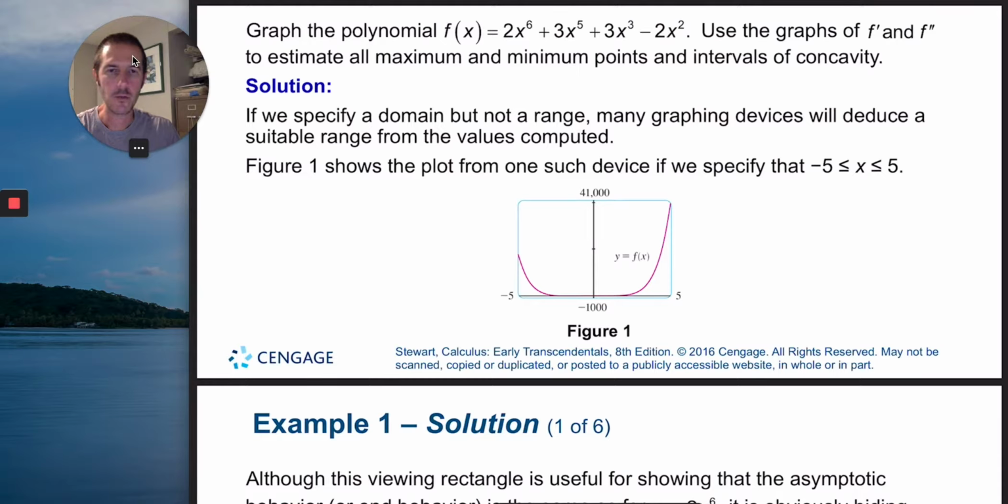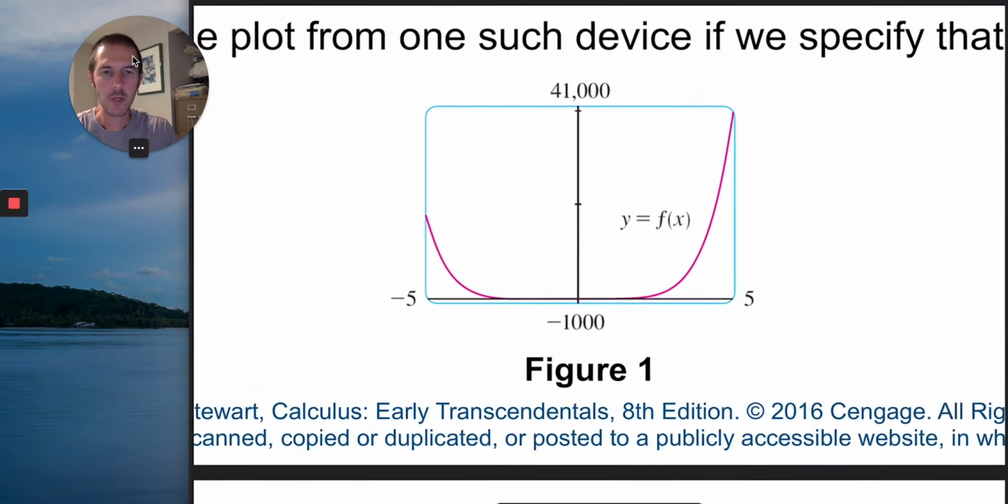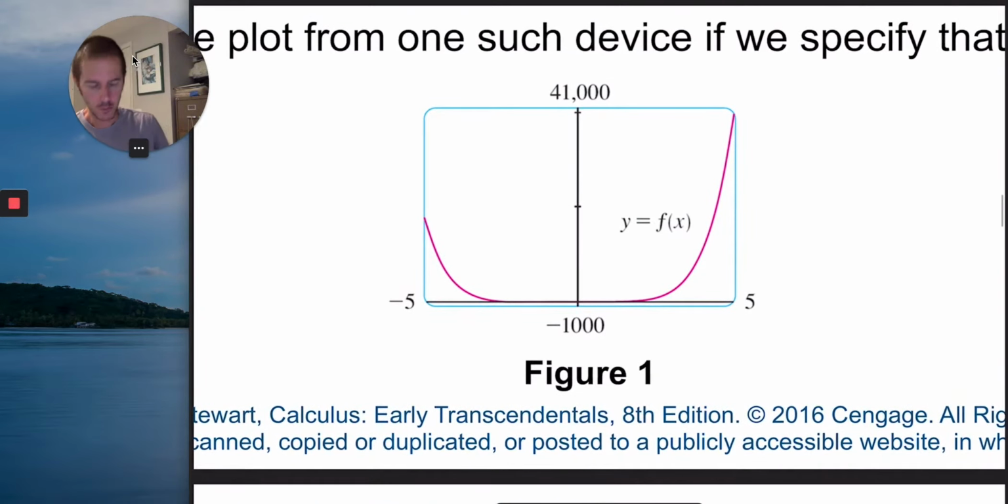Notice that the vertical axis has been set to go from -1,000 to +41,000, perhaps so that the largest amount of the graph possible would still fit within the viewing window at +5 on the x-axis.